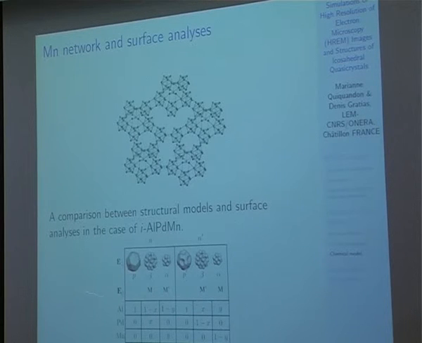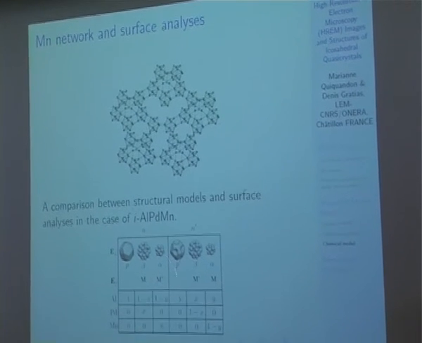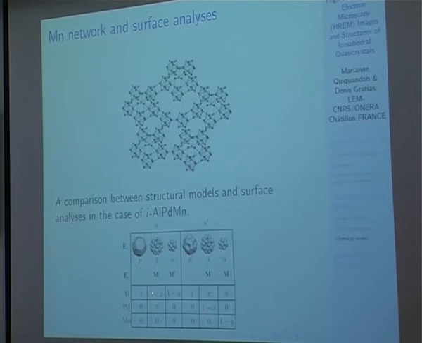In the case where X and Y are equal to 0, the N atomic surface is occupied only by aluminium, and in the other extreme case where X and Y are equal to 1, the N atomic surface is occupied mostly by palladium and manganese.